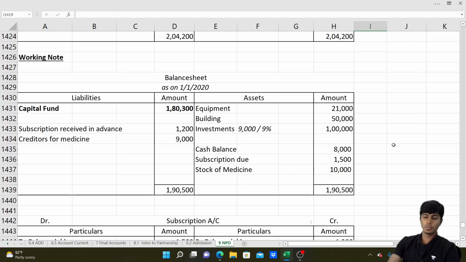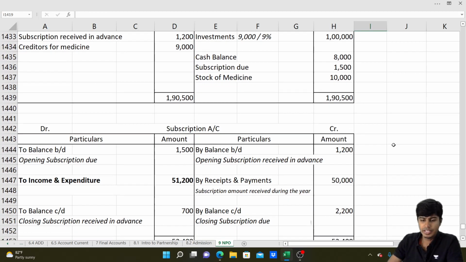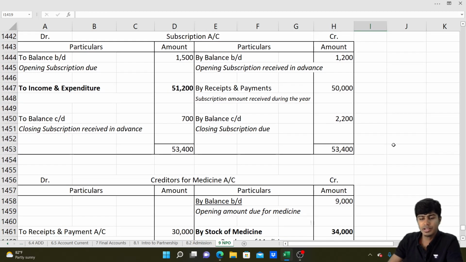And there we go, the opening balance sheet. Done. Then lastly, ledger accounts, what we were supposed to require.